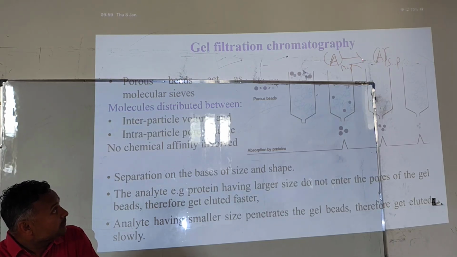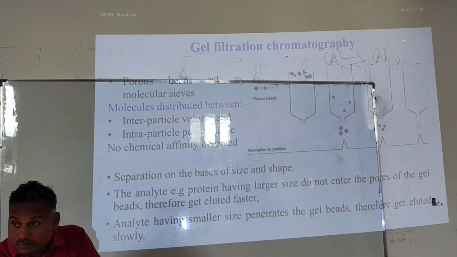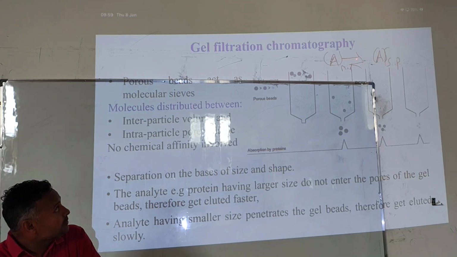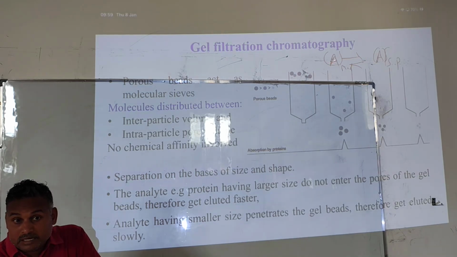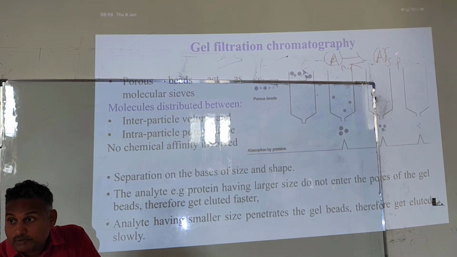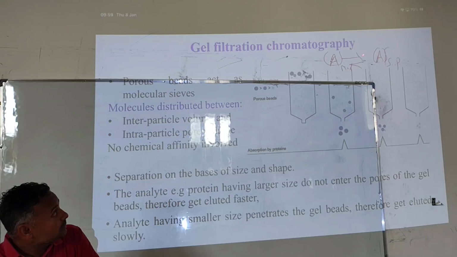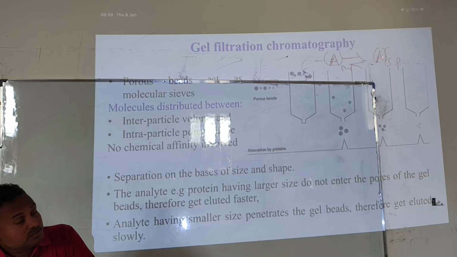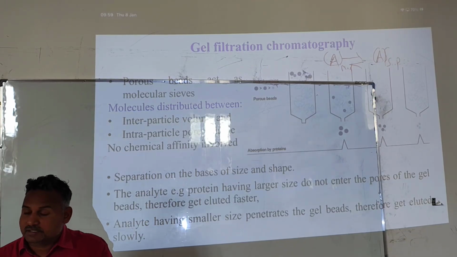If this is the equilibrium, and it shifts towards this one, it will run slower. If the equilibrium shifts this way, it will run faster. For small molecules, this one is more than this one, so they will move slowly. For bigger molecules, this will be more than this one. That means the equilibrium shifts towards the mobile phase.